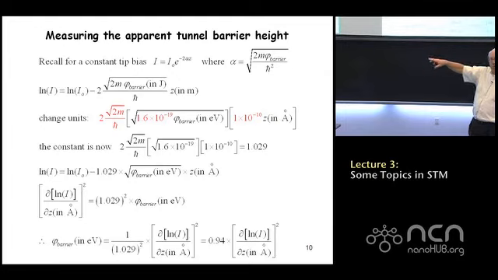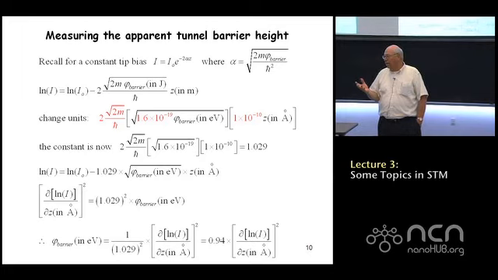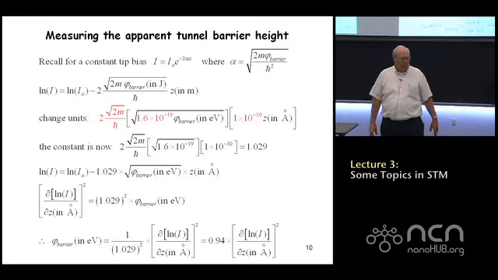So this was a big issue in the early days of STM. Everyone realized that this simple square barrier was an approximation, but the issue was how crude of an approximation was it? So lots of people tried to measure barrier heights, right?